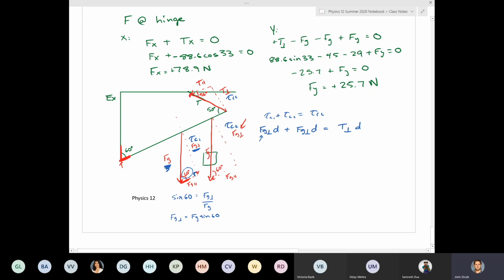Plugging that into our torque formula: Fg sine 60 times, it's a uniform beam, so 0.5 times L, halfway, plus Fg of the sign, now it's different Fgs, times sine 60, times, let's just call it 3/4 again, equals, and then this one's a different angle.